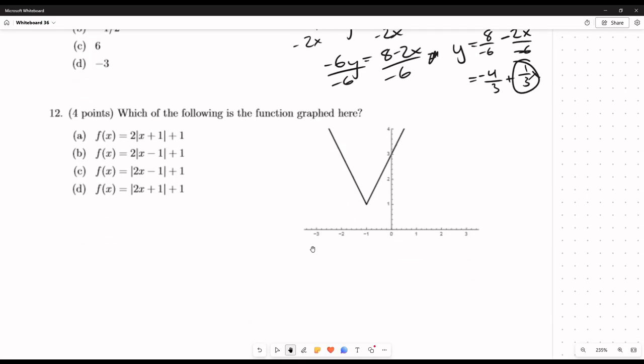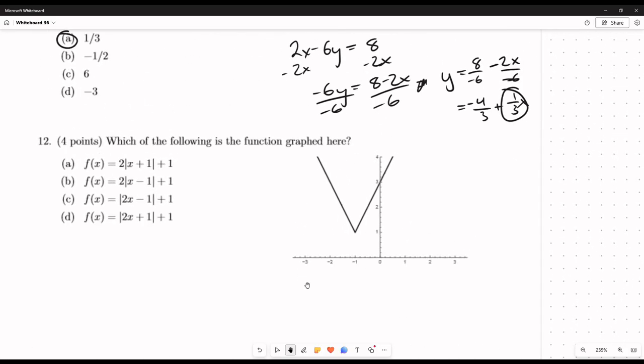All right, last problem. We're almost there. Which of the following is the function graphed here? So this is going to be a lot easier but here's what I want. There's kind of like a pseudo point slope form here.